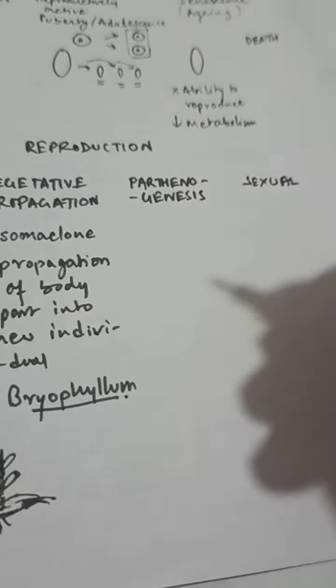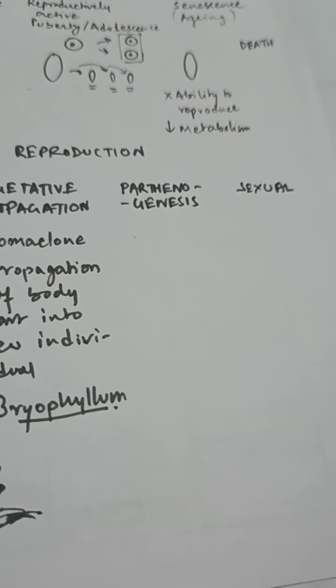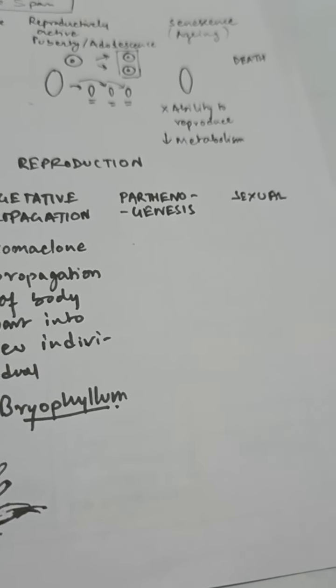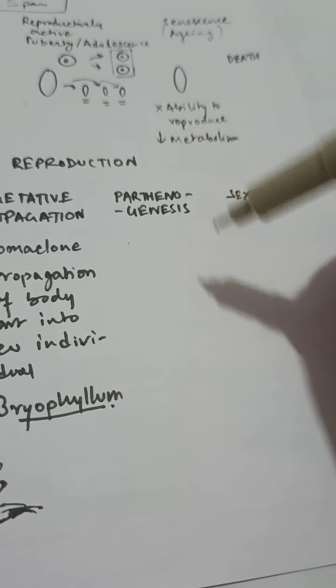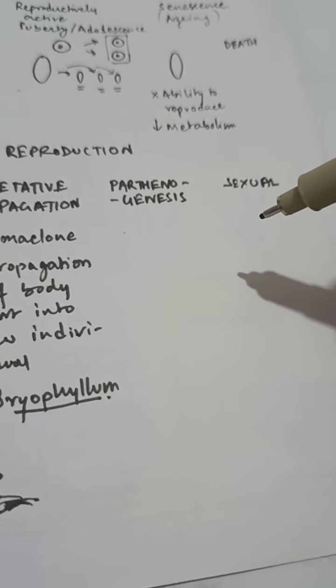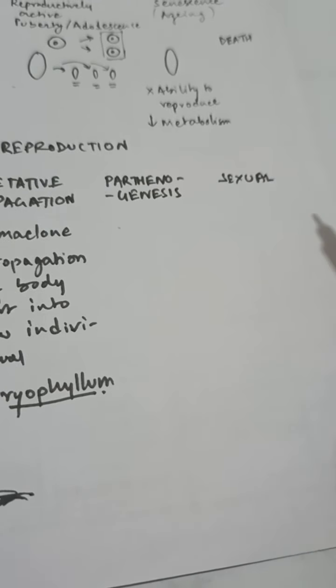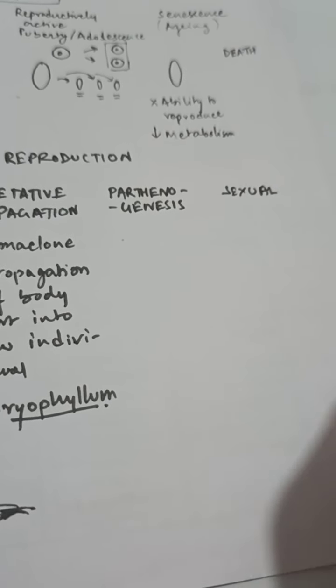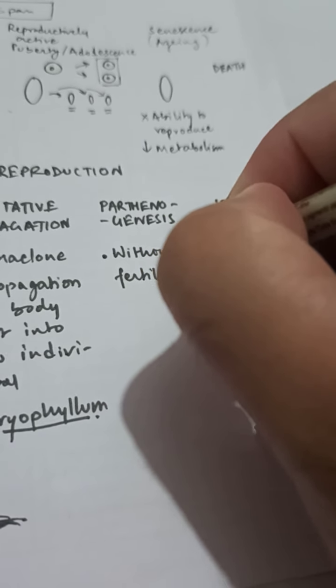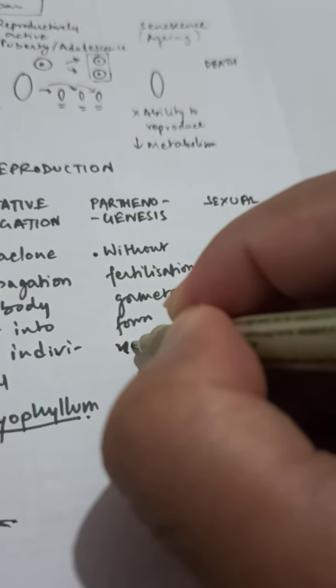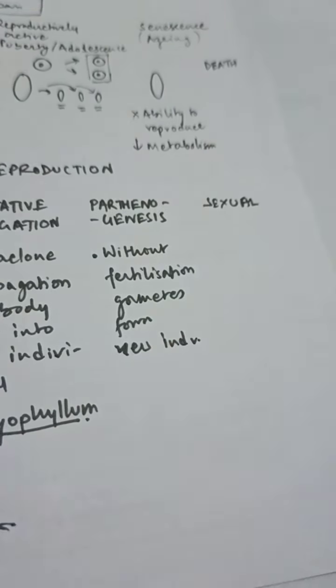Then comes the process of parthenogenesis, where there is no involvement of the alternate gamete. Here we find that there will be involvement of gametes, but gametes are not involved directly. It is like without fertilization, gametes form new individual.